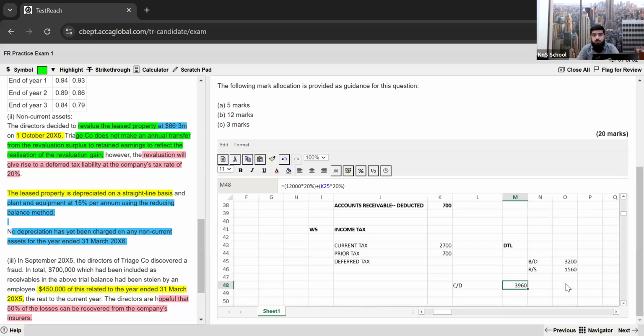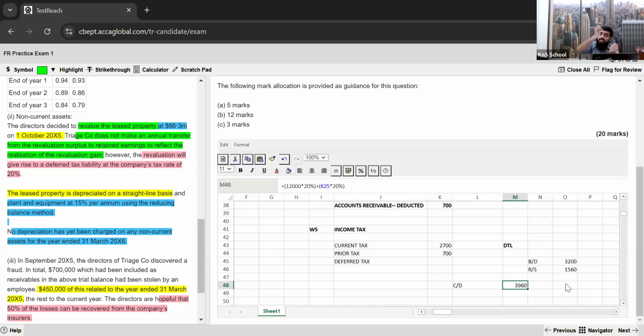It means that whenever you want to calculate the deferred tax liability closing balance, there will be two components: number one, the other taxable temporary difference, and number two, the revaluation surplus.